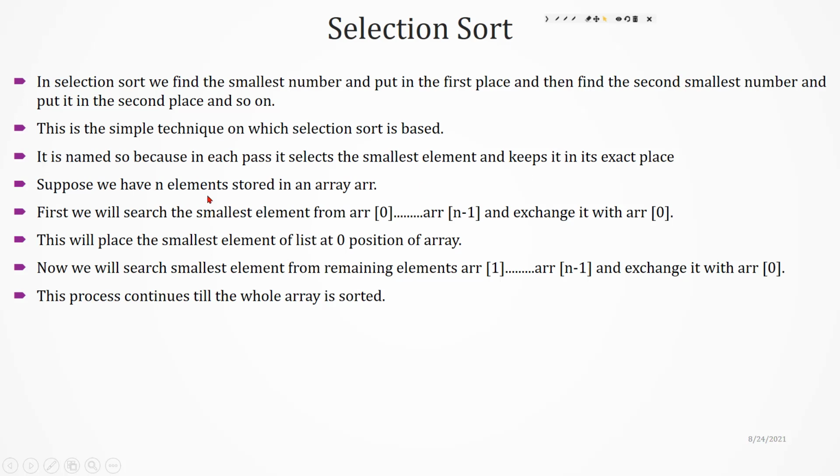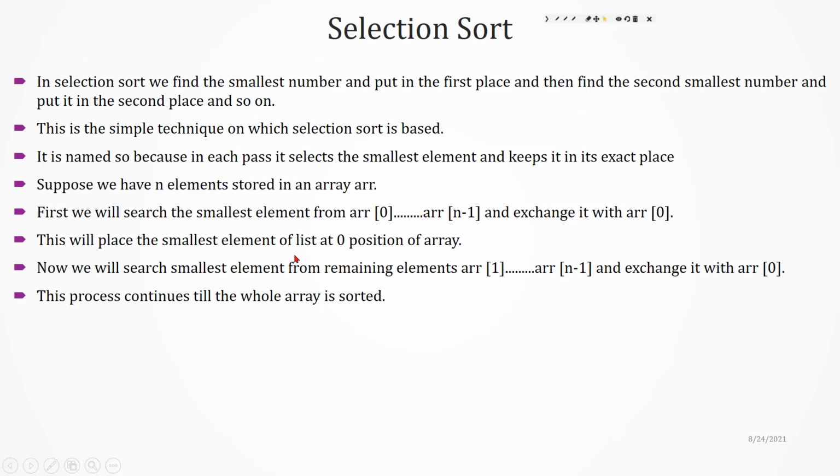Suppose we have n elements stored in an array ARR. First, we will search for the smallest element from ARR of 0 to ARR of n minus 1 and exchange it with ARR of 0. ARR of 0 means the first element. So when we are arranging an array in sorted form, the first cell always contains the smallest number.